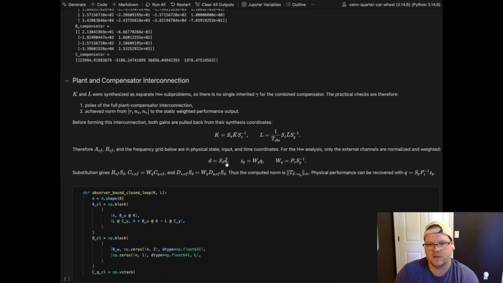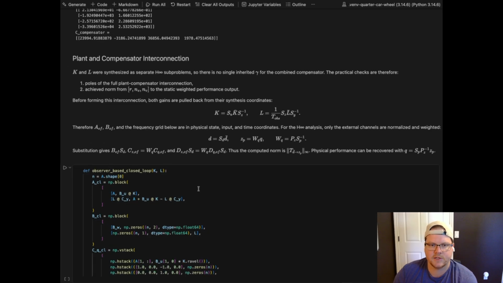Then this is mapping the disturbance bar back to D, the performance on the Q back to the ZP, and then this was that WQ that I mentioned above. And so then we compute this norm from the road disturbance and the noise channels on the suspension and the body velocity to the performance output H infinity norm.